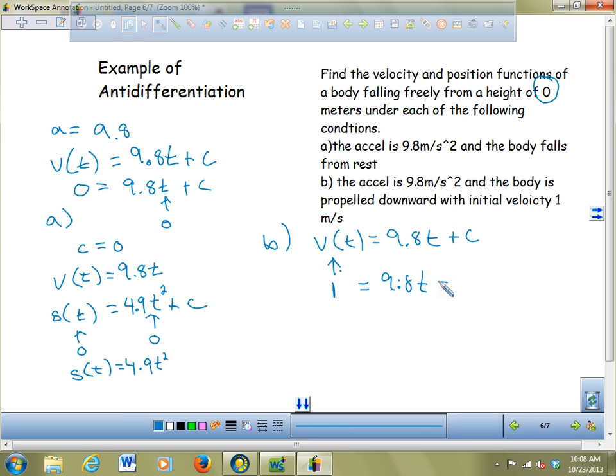9.8t plus c. What's t at the start point? 0, right? So I get that 1 equals c. So my velocity function in this case looks like 9.8t plus 1. Now I want my position function.